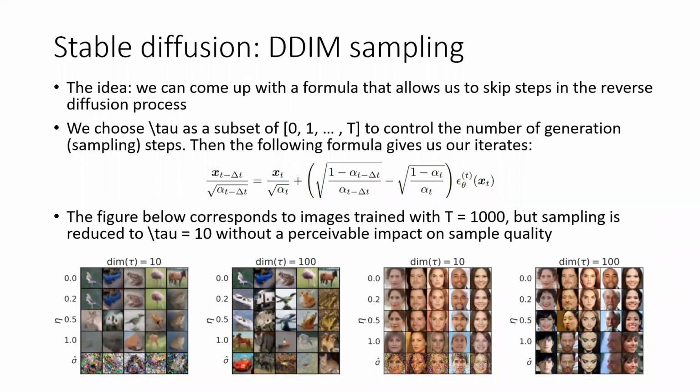And you can see that even between 10 and 100, there is almost no loss of fidelity in this reverse diffusion process. So this is a really powerful insight that we definitely want to take advantage of. Basically, anytime you use a diffusion model, you can sample from it more efficiently by using this DDIM sampling.